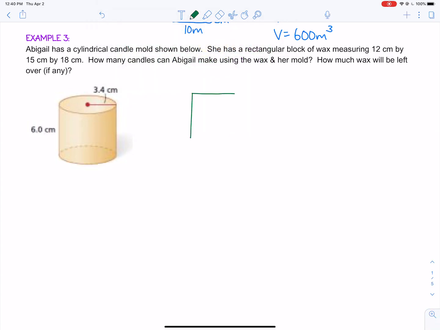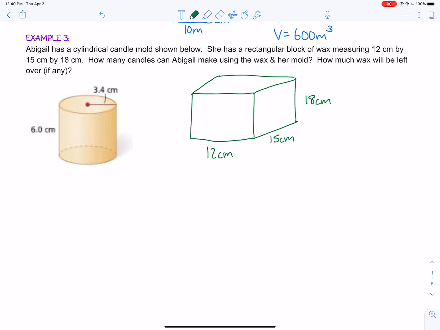If we assume Abigail has this block of wax, I'm just going to draw a block of her wax, and it measures 12 centimeters by 15 centimeters by 18 centimeters.